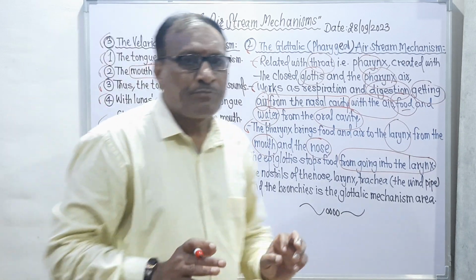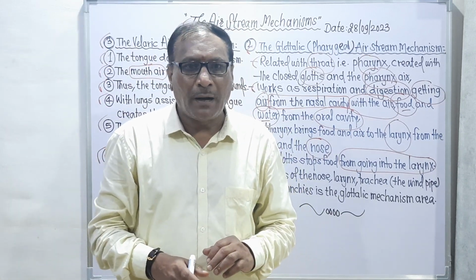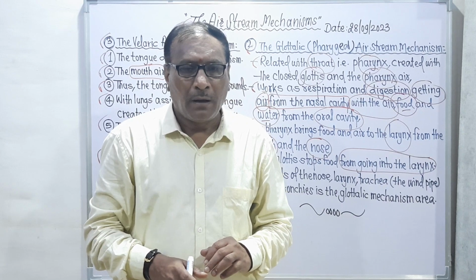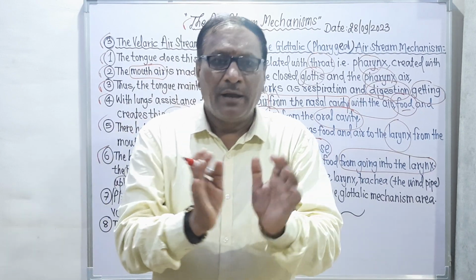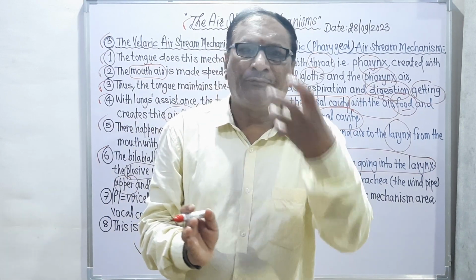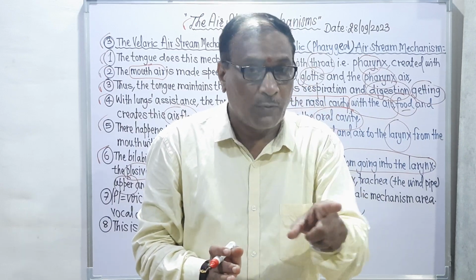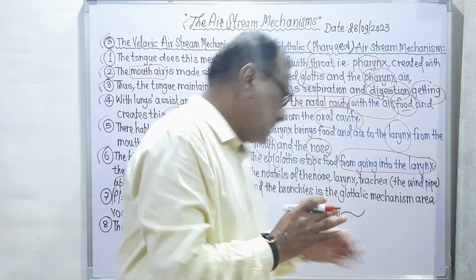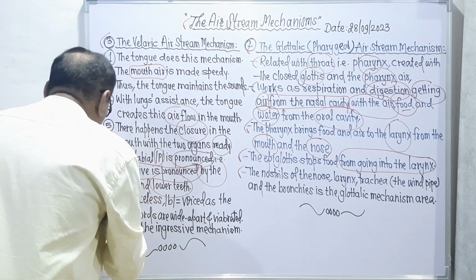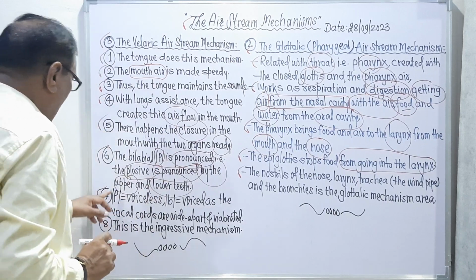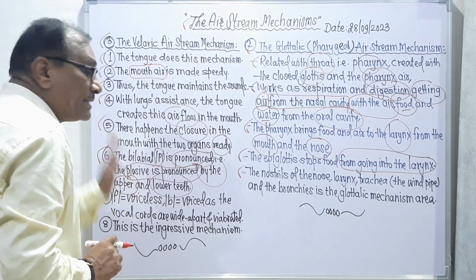So remember, I will say P, P, P, P, P. So in this way, the creation of P, that is the plosive, is done there. That is the point.